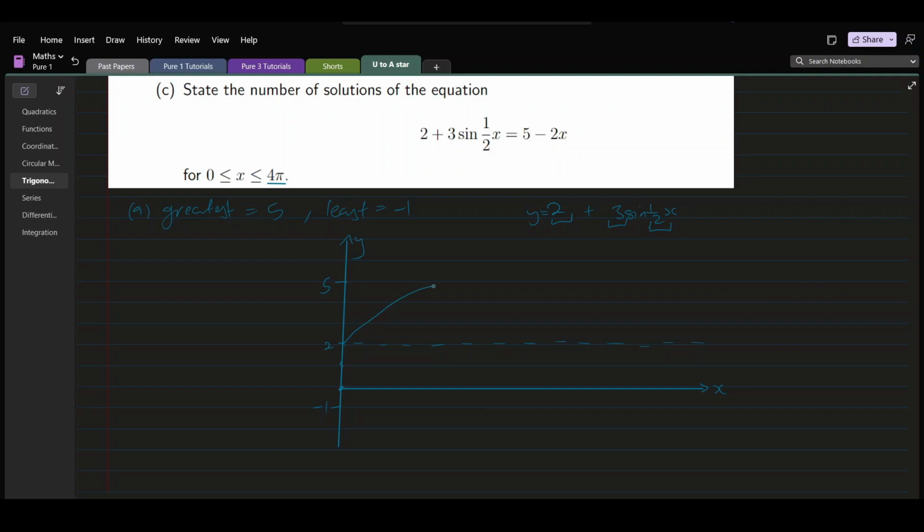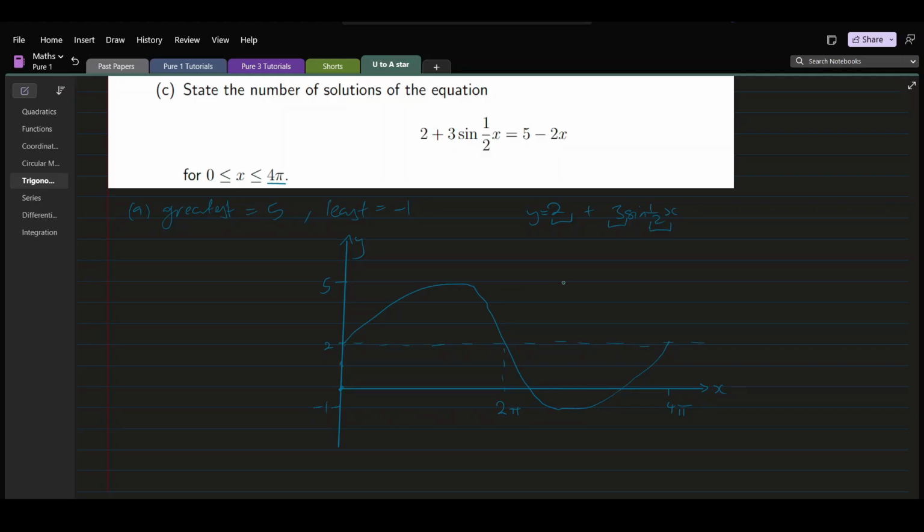It should be something like that, with the maximum point at 5 and the minimum point at negative 1. So this part here will be 4 pi, and then the halfway point over here will be 2 pi. And this is the graph of y equals 2 plus 3 sine half x from 0 to 4 pi.